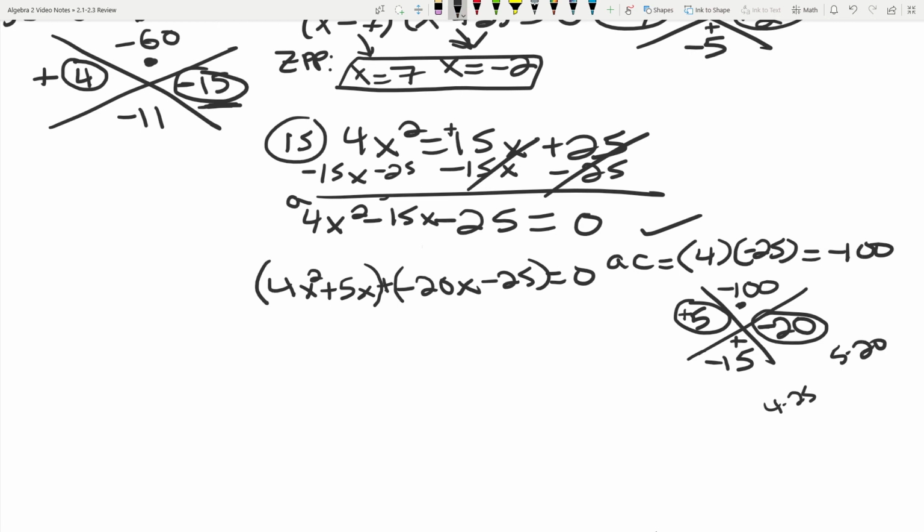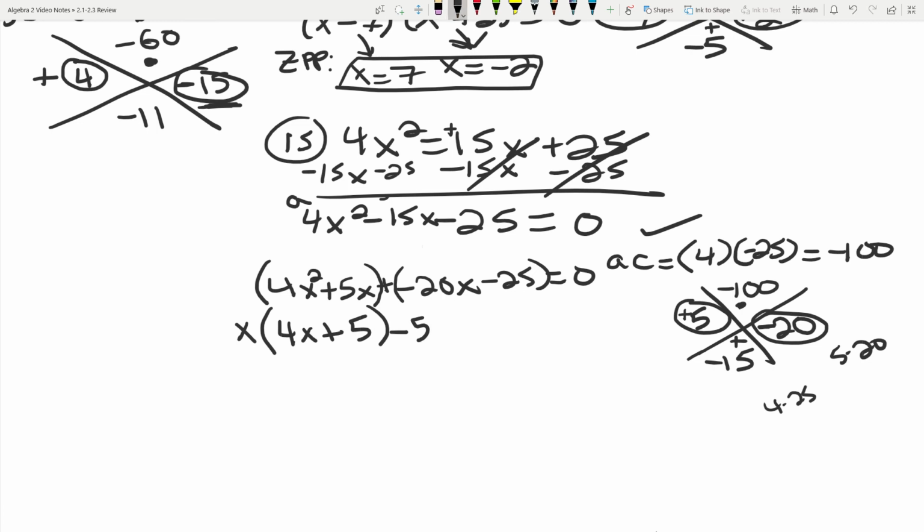All right, so now we can pull out an x here, because there's only an x that they have in common, right? If I pull out an x, then this one only has one more x left over. If I pull out an x from 5x, then I have no x's left over, so just 5. I can pull out a negative from this one, because we got two negatives, and I can also pull out a 5 here. 5 goes into 20, and 5 goes into 25.